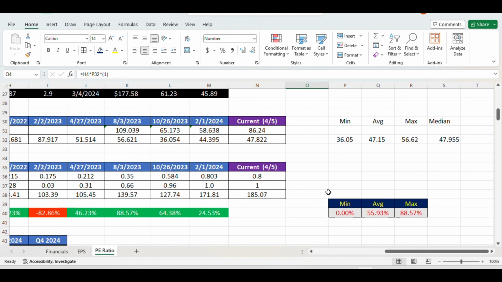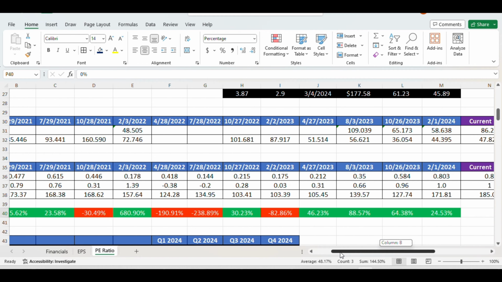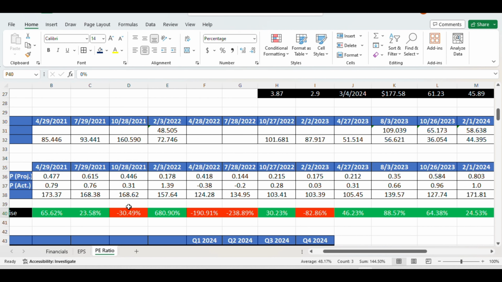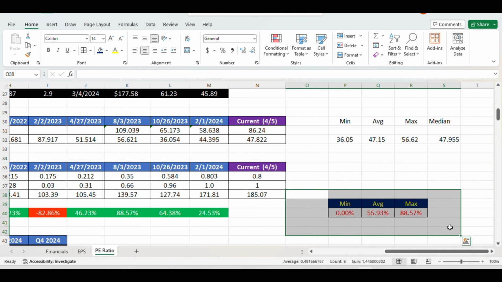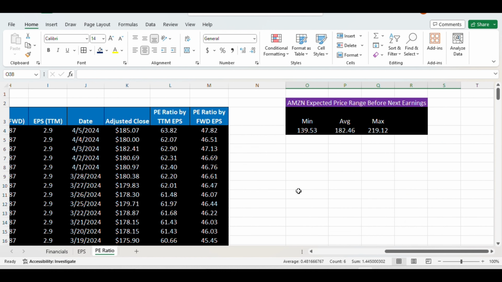And the third factor, I wanted to use this one, earning surprise, as a third factor, but I'm not using it because, see, there's so many negative earning surprises. So to have this analysis as less biased as possible, I'm not going to use earning surprise or earning miss in my min-max calculation. So using those two values, I get the minimum expected price for Amazon is 139.